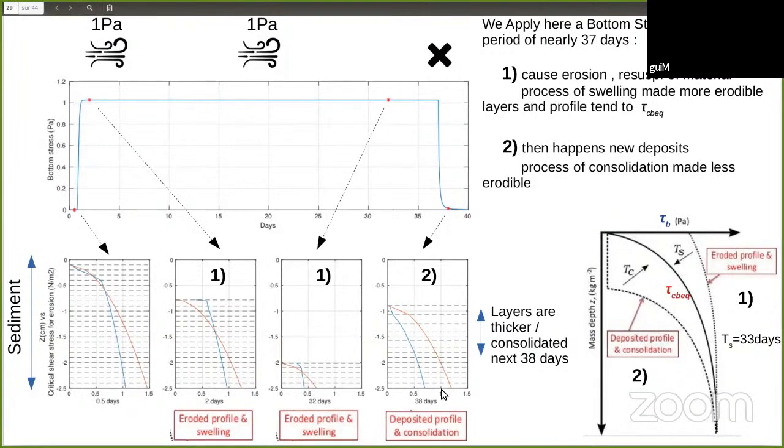And so we can see that in the next 38 days, we have a consolidated layer there. According to our time scale, it was 33 days. So that's an example of how to model post-consolidation.